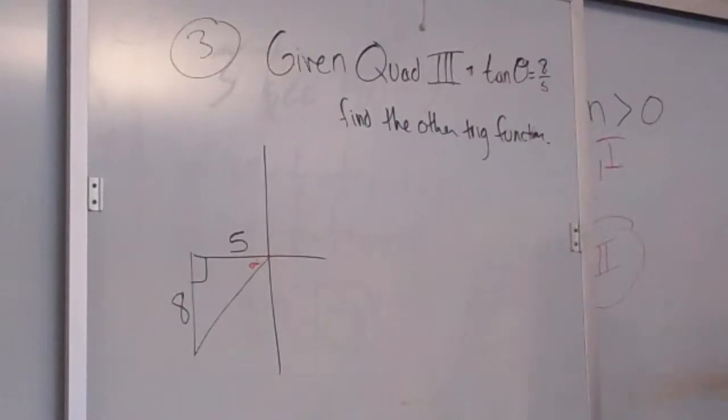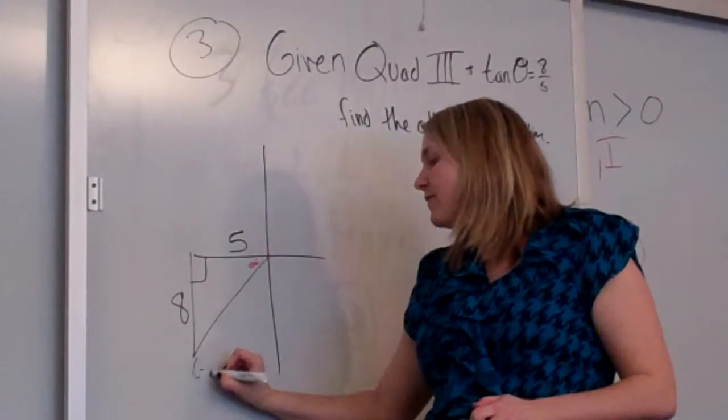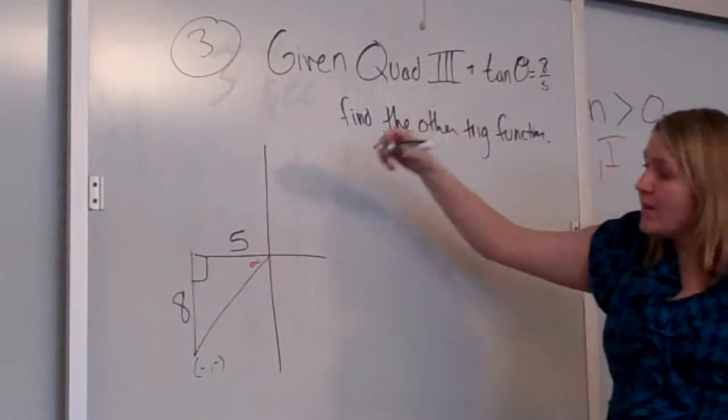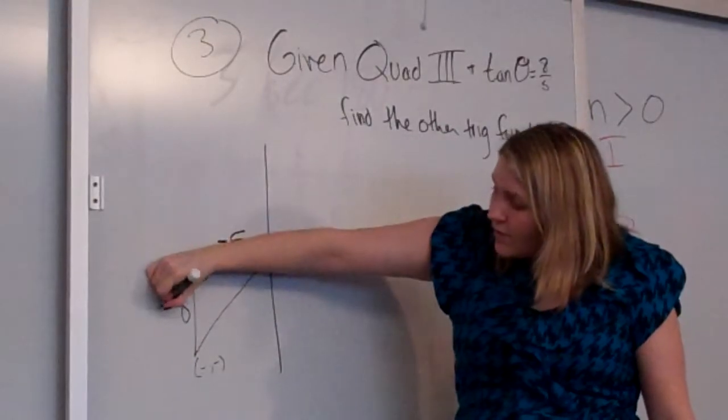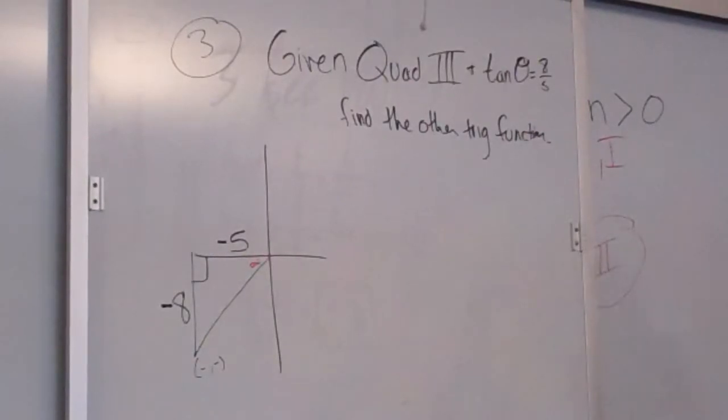Okay. So being in this spot right here, this coordinate point is going to be negative, negative. So it can't be a positive 8 over 5, but that's only if they're both negative because they're in the third quadrant. Now I want to find the other 6 trig functions, which means I need the hypotenuse.